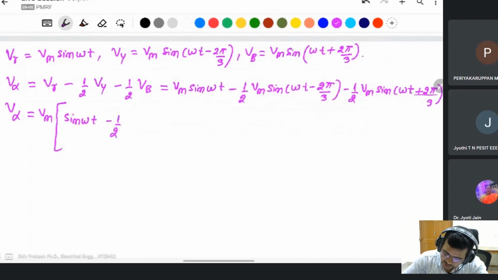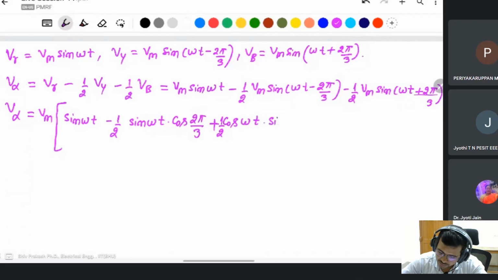Sin a means sin omega t into cos b, cos 2 pi by 3, minus cos a sin b, cos a which means cos omega t, with the half multiplied here also, sin 2 pi by 3.